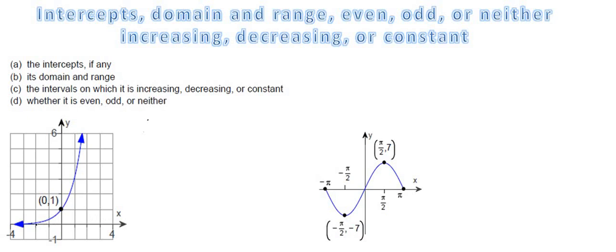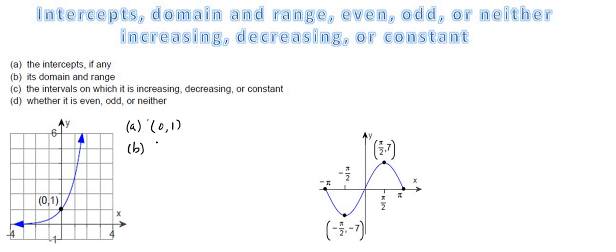However, it never touches the x-axis. So that means we don't have an x-intercept. Okay, so we can write down the intercepts. We have only one point, that is 0, 1.